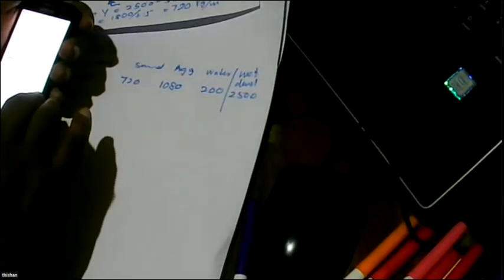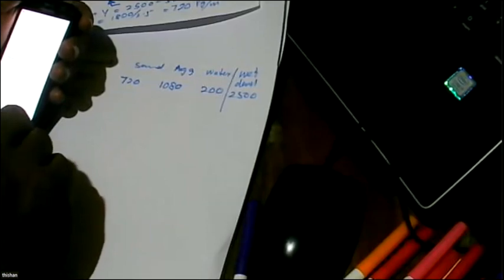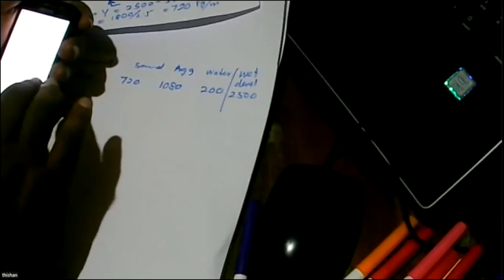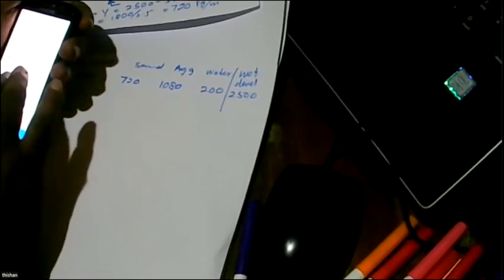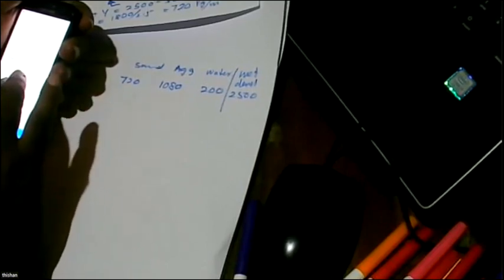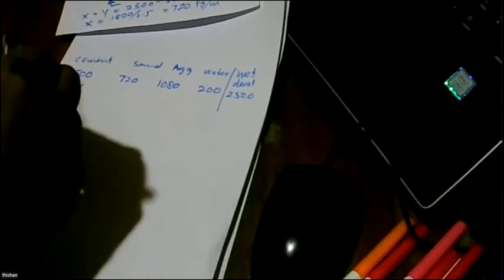And if you look at the density of sand, which is about 1,500 when loose, we are going to get about 15,000 kilograms of sand. So for 90,000 rupees, we are going to get about 15,000 kilograms of sand. So you can see the cost of sand is 6 rupees.